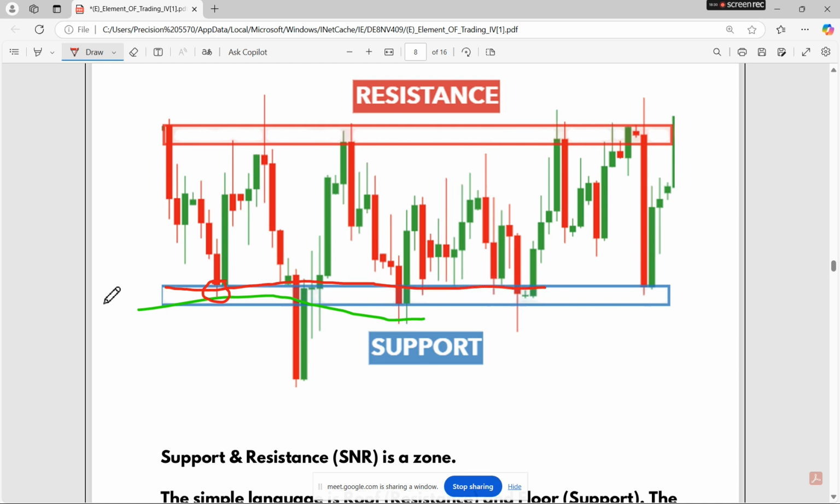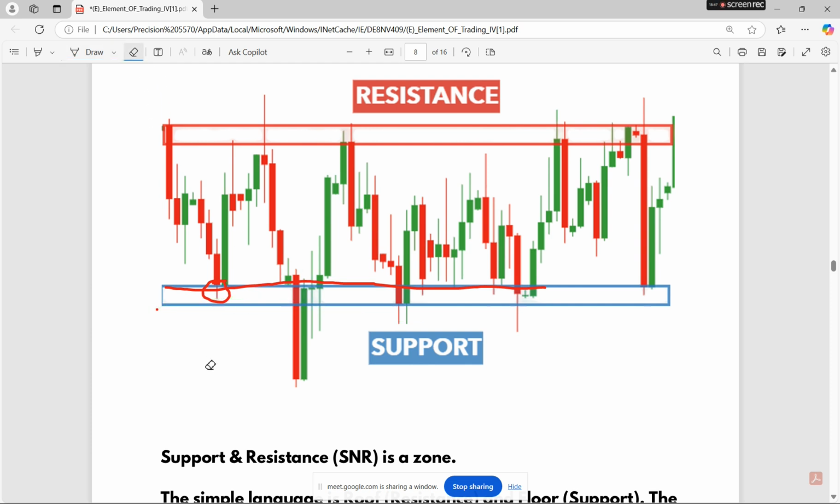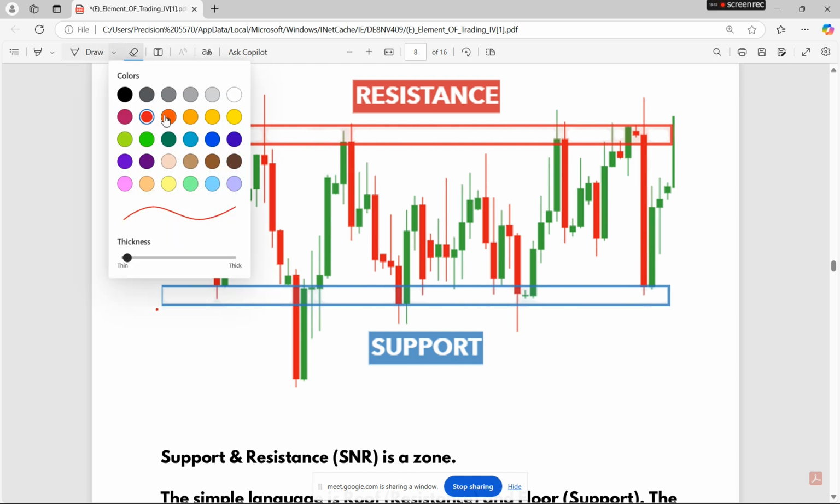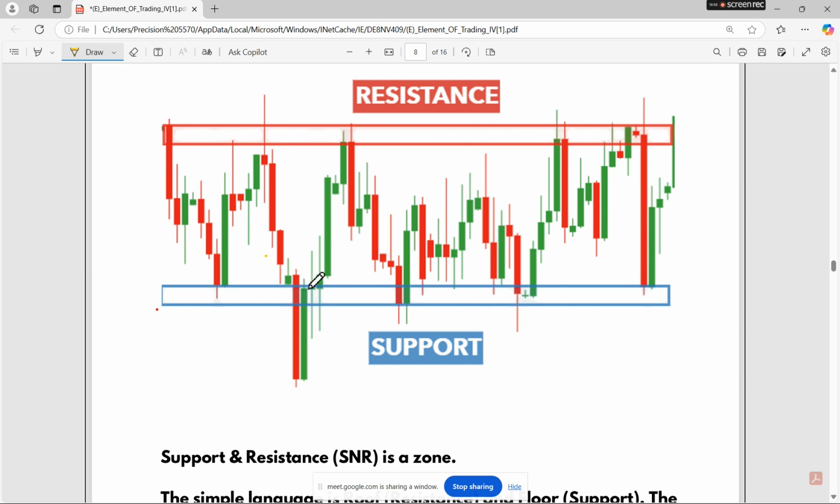It means that in the future you'll be patient and wait for the market to come back to this area. When it comes back to the support zone and the market gives you price action confirmation, you buy. Why are we buying? Because this is a support zone and support is an area of buyers.